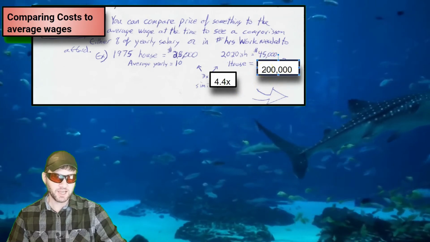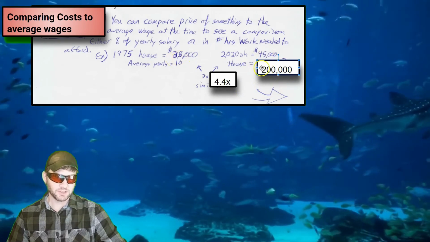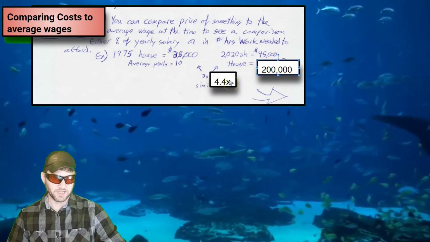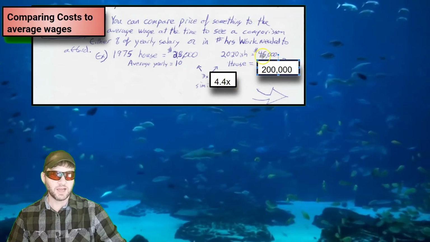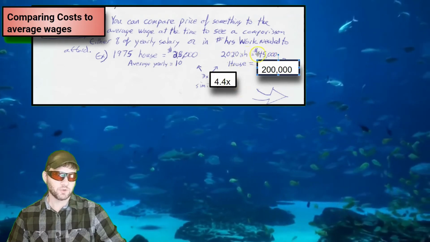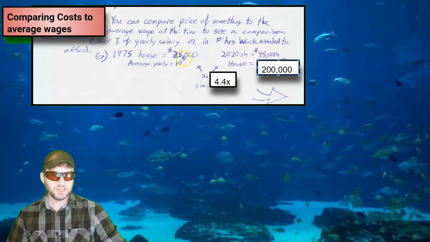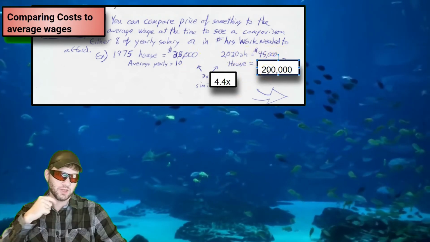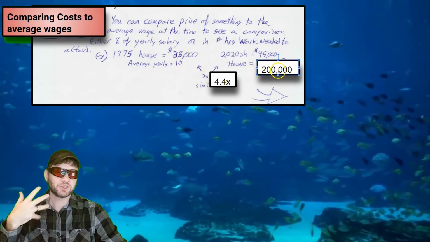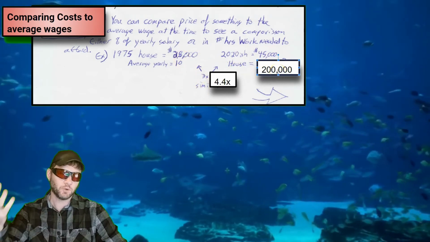The house value today, it's gone from $28,000 to $200,000, and that is 4.4 times the average yearly salary of someone, because the average yearly salary in 2020 is $45,000. So we could see that the price of the house rose from roughly 3 times the average salary. Well, now that house in that area is worth 4.4 times the average salary.